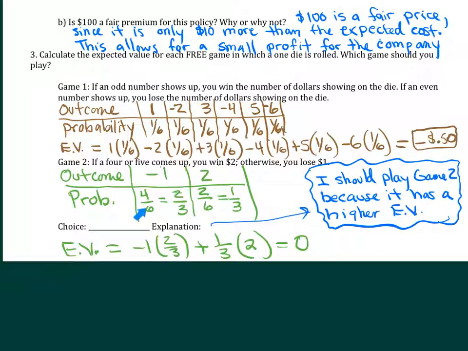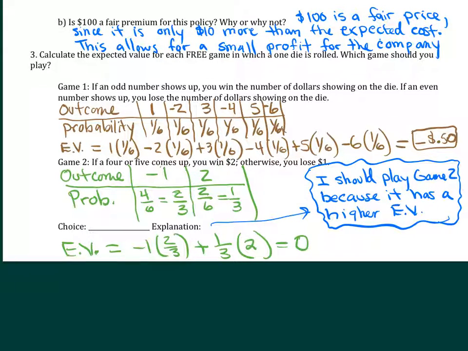So that's 4 out of 6 chances, and that reduces to 2 out of 3. Now to win, you have to roll a 4 or a 5, so that's 2 options out of 6, and you win $2, which is the value on the top.